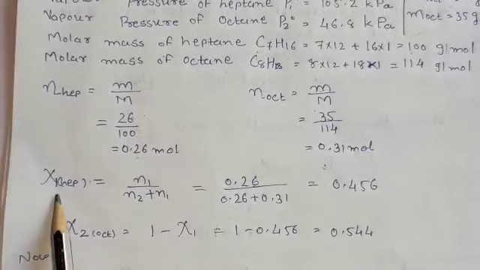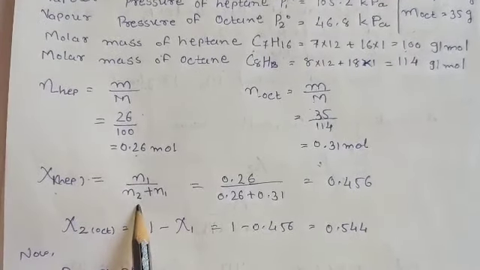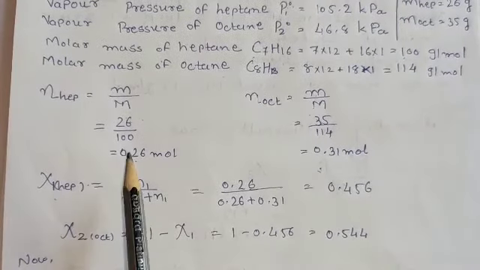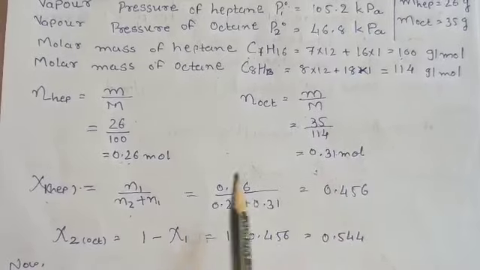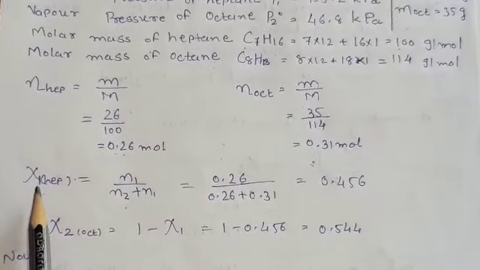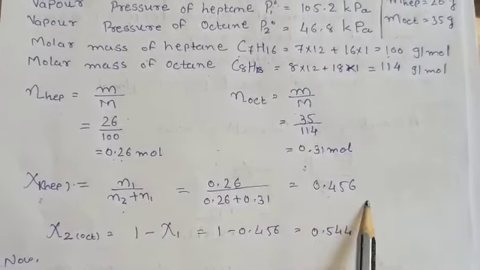Now mole fraction of heptane equals moles of heptane divided by total mole. We already found the moles of heptane and also the moles of octane. Replace those values, and you will get the mole fraction of heptane, which is 0.456.